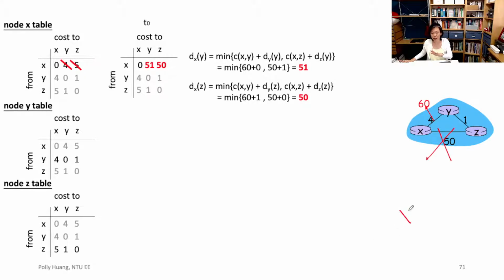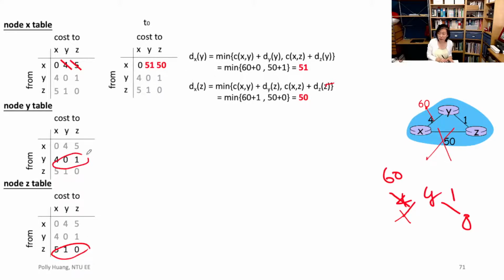So there will be just x, y and z, and just these 2 links, 4 and 1 to begin with. And we suddenly change this to 60. So the count between this row and this row will go on to infinity. I hope that is clear.